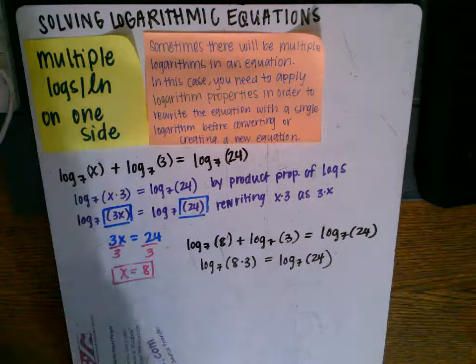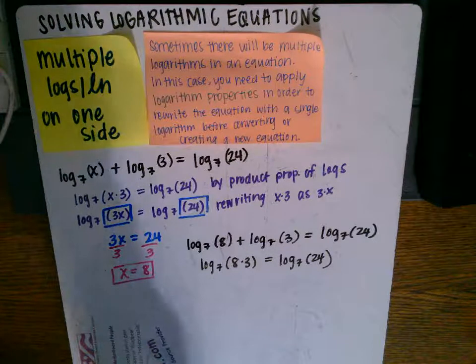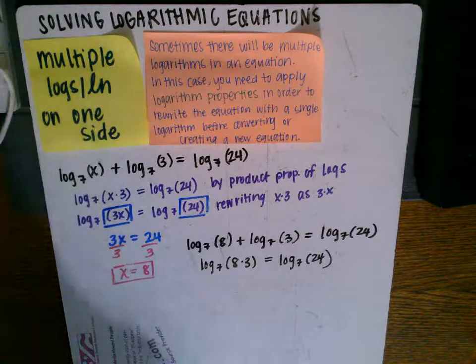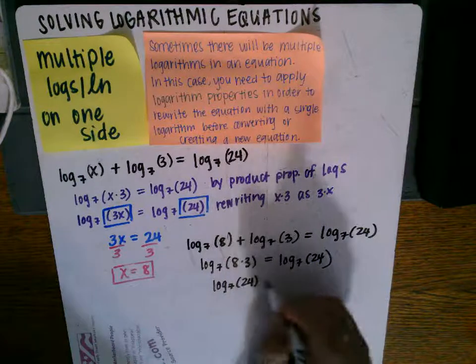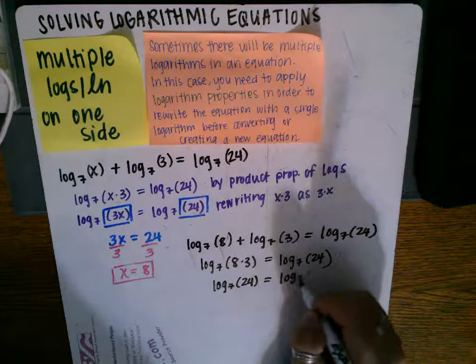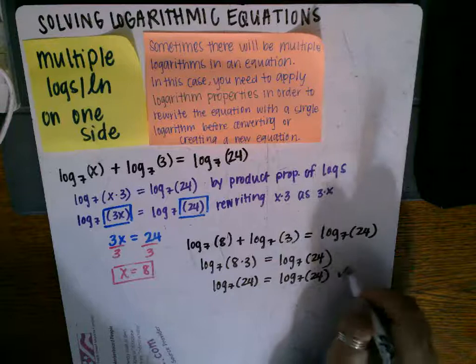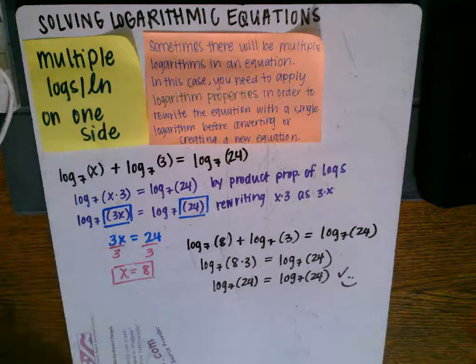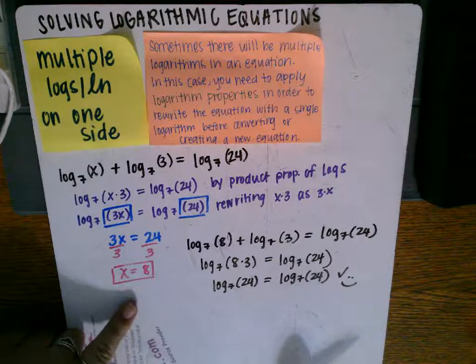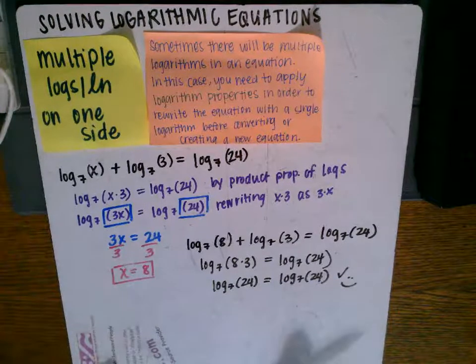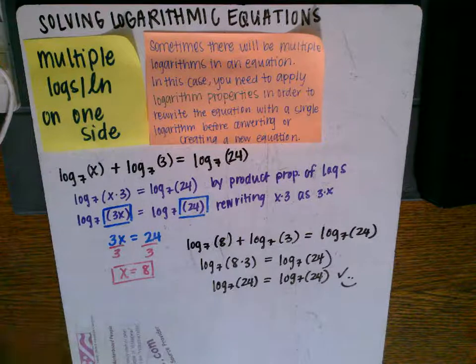And luckily for us, 8 times 3 is 24. So we can see log base 7 of 24 is really equal to log base 7 of 24. So my answer is not extraneous. I kind of thought that it might not be extraneous because it's a positive value, but I gotta check. Gotta just get in the habit of checking.